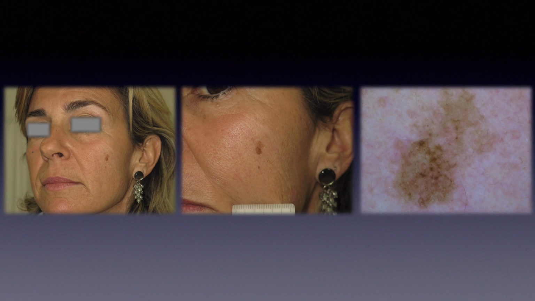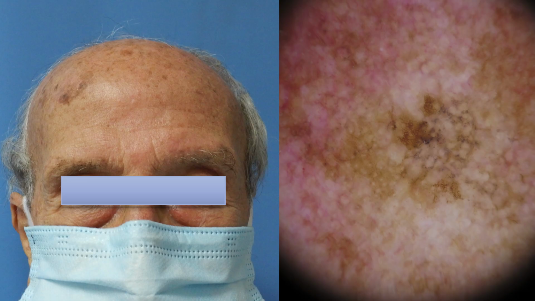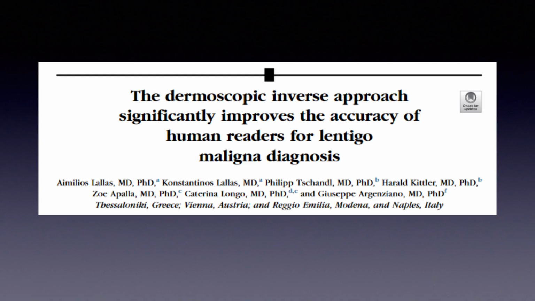But in this case, there is no use searching for all these classic melanoma criteria, because there are a few lesions now where we will not be able to see the rhomboidal structures, the asymmetric follicular openings, etc., but we will still be able to look at it and say that it is a melanoma. And how? There is this very important paper called the inverse approach, described by Lallas and Argenziano.